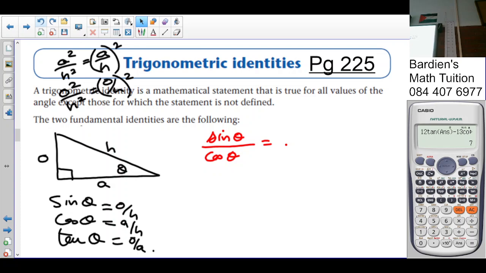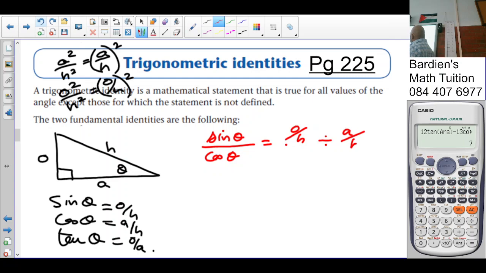What does sine stand for? Opposite over hypotenuse. That must be divided by cos. Cos is what? Adjacent over hypotenuse. So you're going to change to multiplication, you tumble and times. So do your thing and simplify.